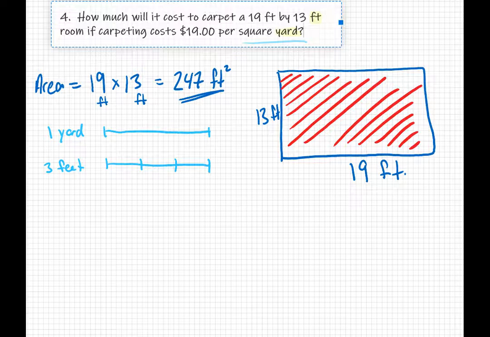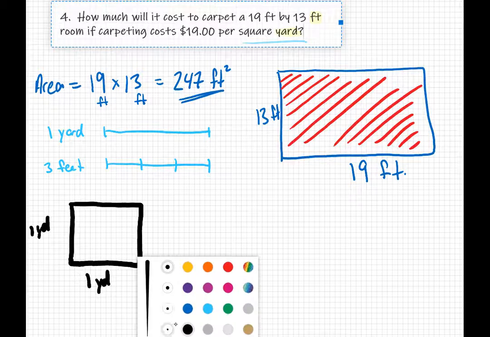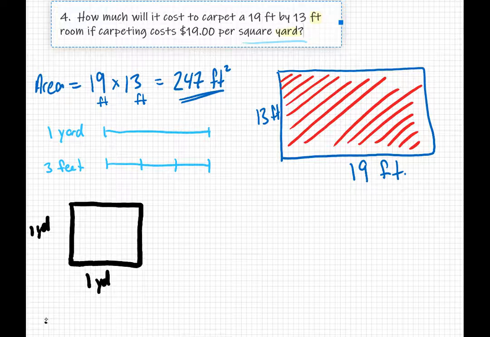So let's think about what a square yard looks like. It's a square that is 1 yard on each side. So 1 yard and 1 yard. Well, if 1 yard is 3 feet, that means there's 3 feet this way, and there's 3 feet this way.